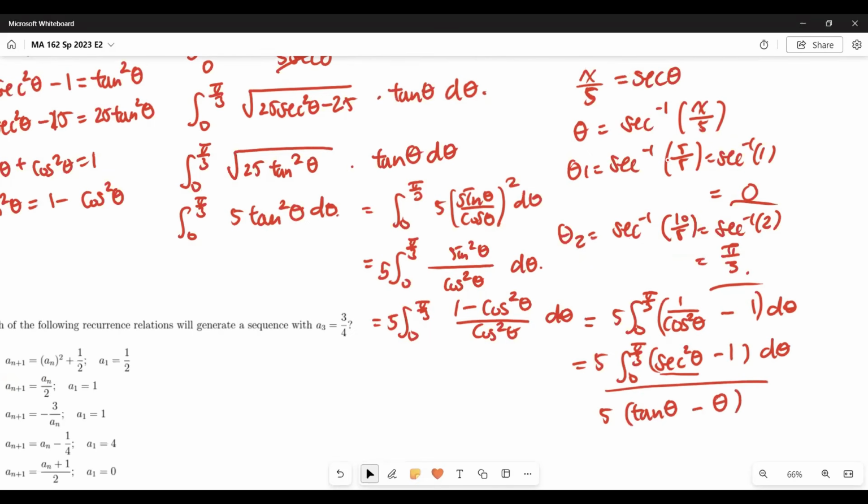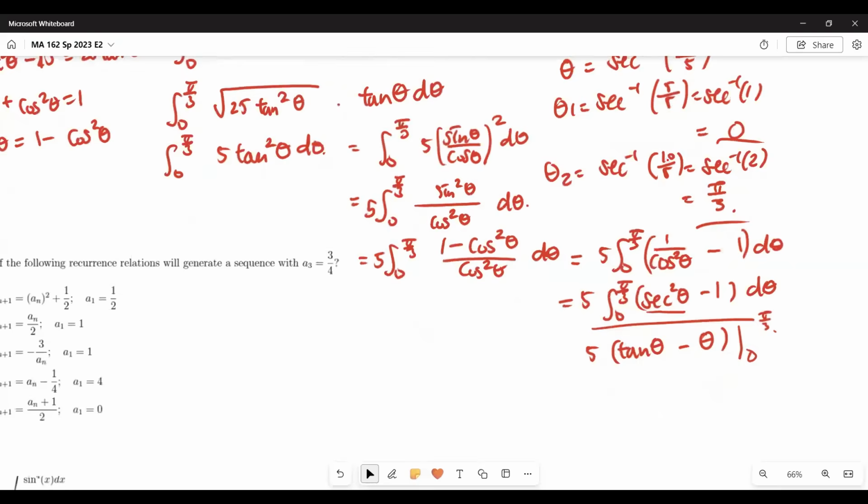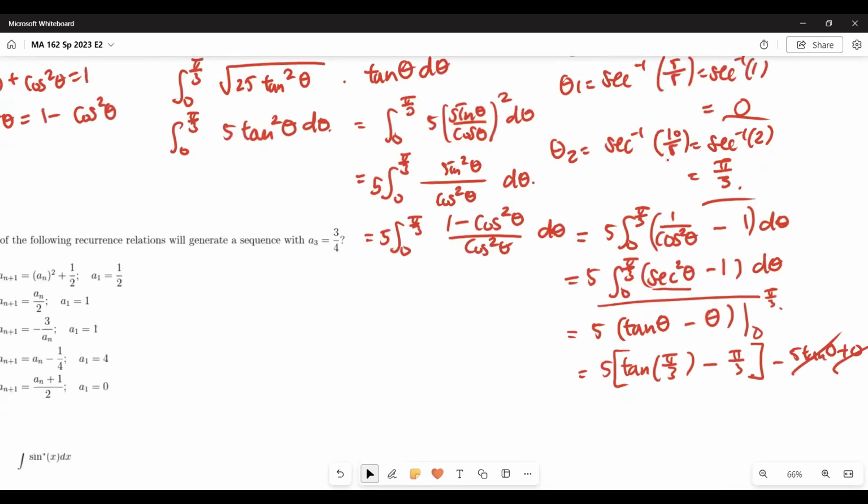So that's what we got when we integrate secant squared theta minus 1. Now you have to plug in the values 0 to pi over 3. So this becomes 5 times tangent pi over 3 minus pi over 3, and then minus 5 times tangent 0 minus 0. Well, tangent 0 is also 0, so it cancels out. Cool.